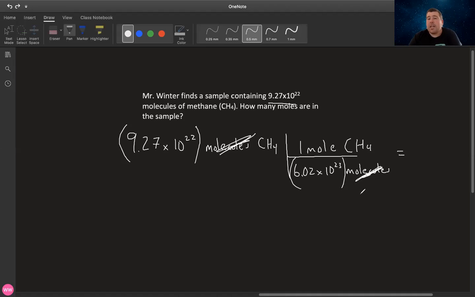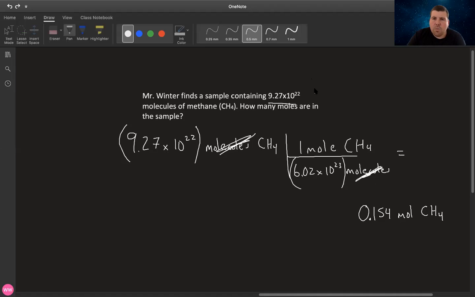Make sure if you're using a calculator to use parentheses. So my answer is going to be 0.154 mole of CH4. So I have less than a mole of molecules in this sample, which makes sense because this number has less than 6.02 times 10 to the 23rd molecules.